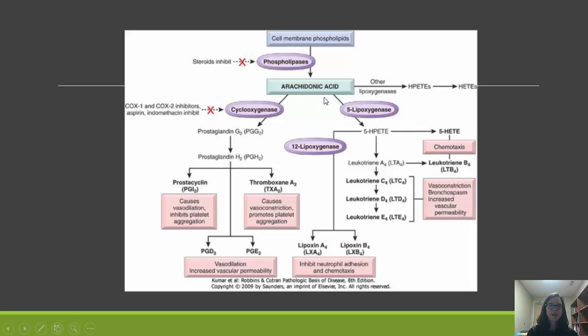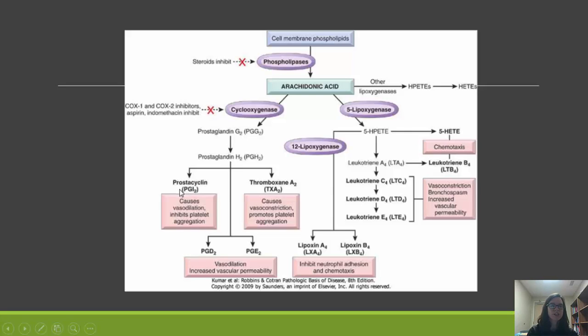Or arachidonic acid can take the cyclic pathway, where cyclooxygenase converts it into prostaglandins, and eventually into all these different types of prostaglandins that have different actions.